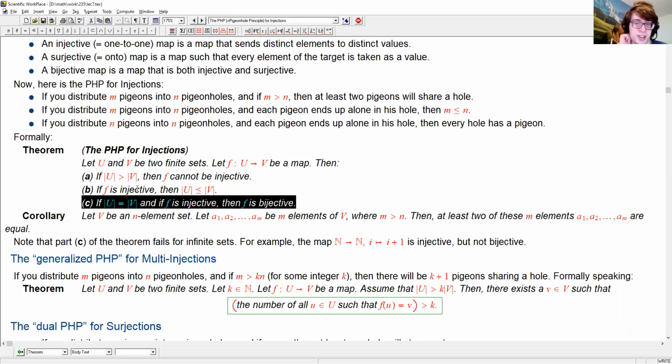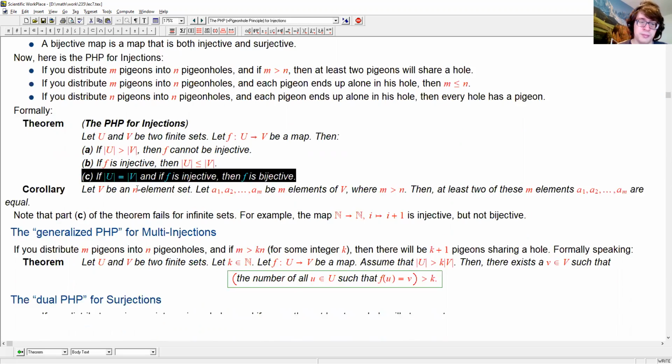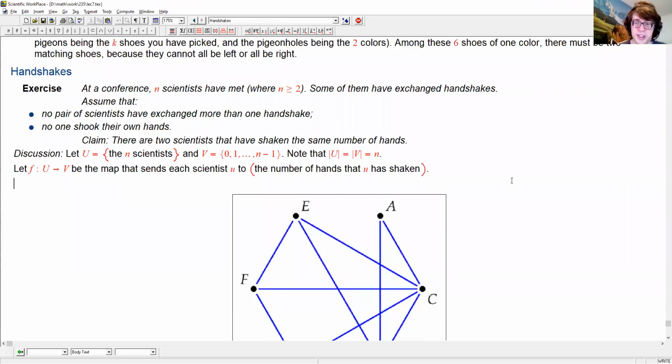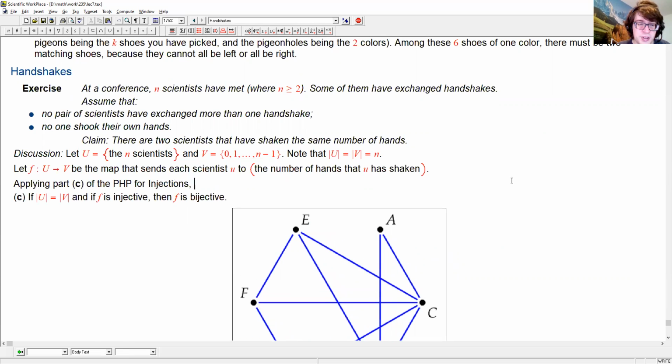However, we have this here. So applying part C of the pigeonhole principle for injections, we thus conclude that if F is injective, then F is bijective.